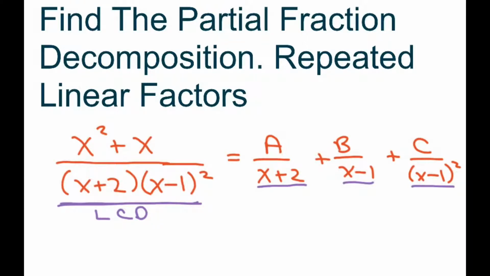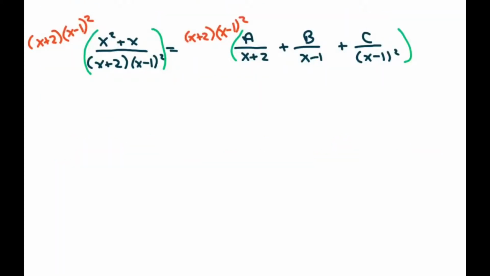All right. So basically, what we're going to do first is clear the fractions by multiplying both sides of the equation by our least common denominator. These two cancel, so we're left with x squared plus x. Then the x squared cancels, x plus 2 cancels, so we have A, and what's left is x minus 1 squared.